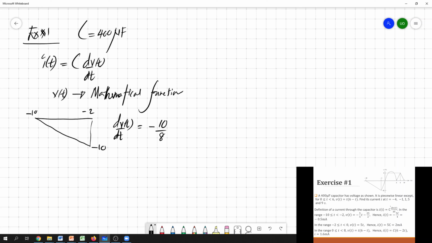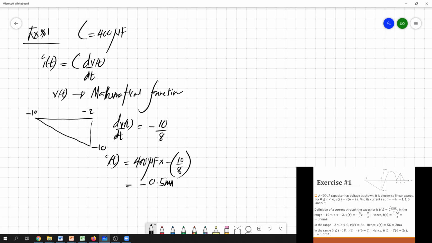So this is the current. If you multiply it with C, the 400 microfarad, it gives the current. So this current is 400 microfarad into -10 divided by 8. So it basically gives -0.5 milliamperes.